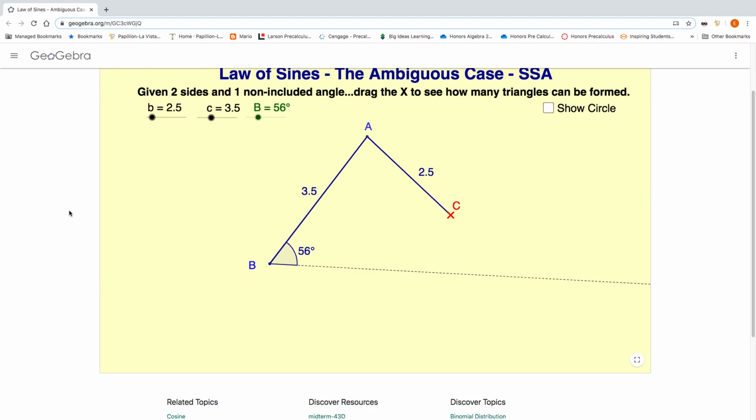On the homework you did for today, what I presented to you on Friday, you had cases of law of sines where the given information was maybe angle, angle, side, so two angles and not the side in between them. Or you had angle, side, angle, where you knew the side in between them.